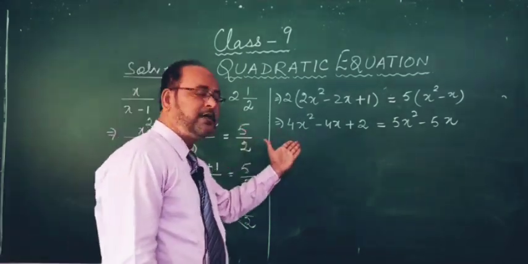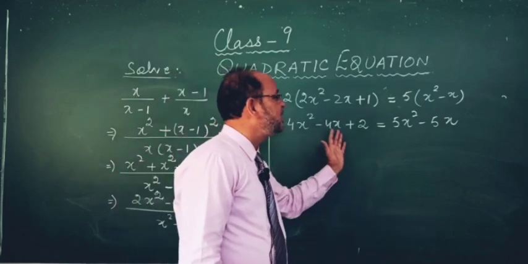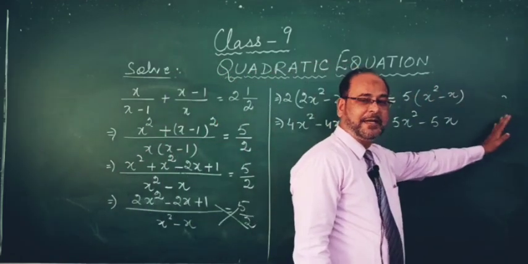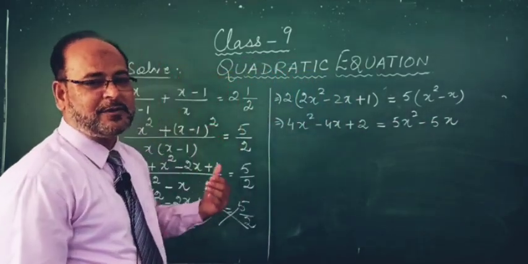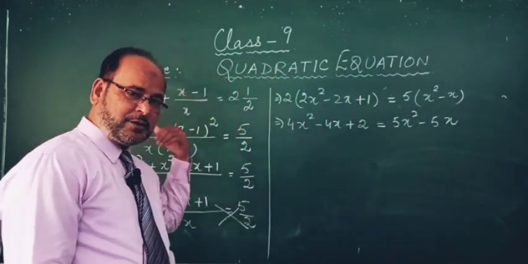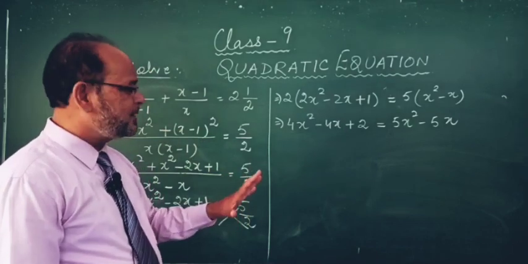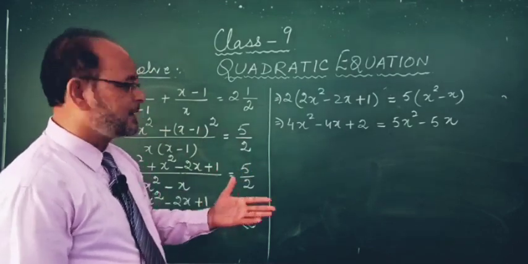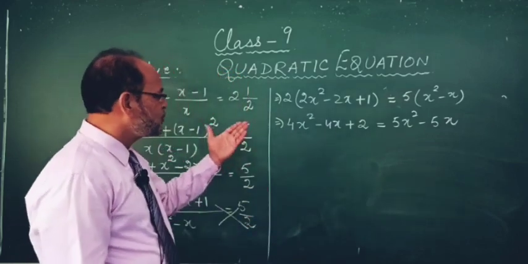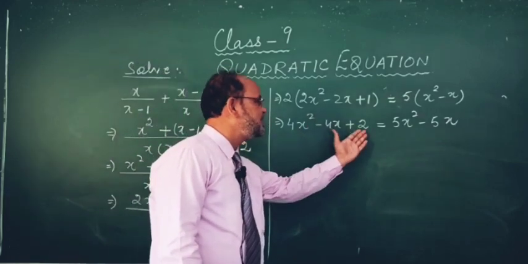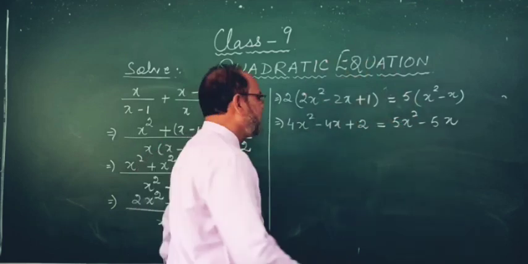So it's better to take all these terms to right side of the equal sign. Though you will get answer if you will bring down 5x square minus 5x to the left of equal sign, but to make your work easier, try not to get x square as negative. So what you will do, you will take these terms to right side of the equal sign.